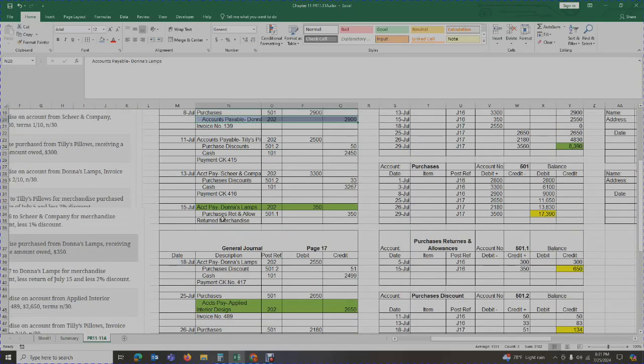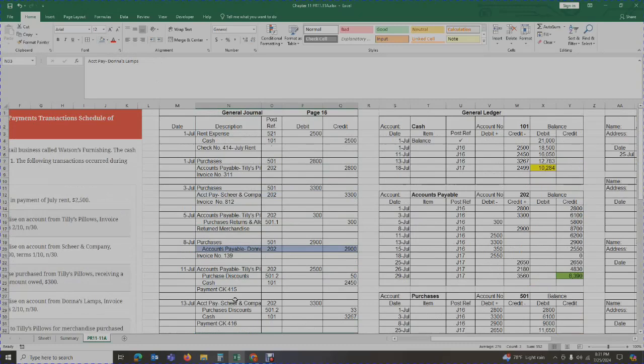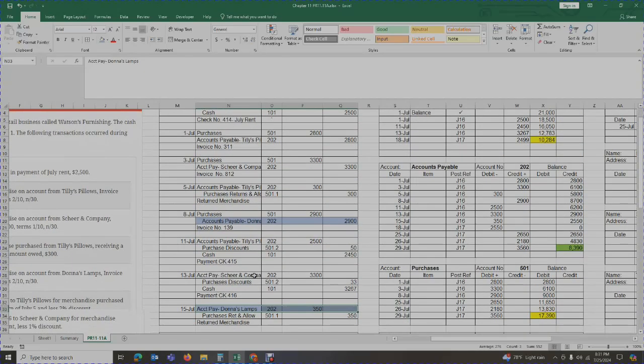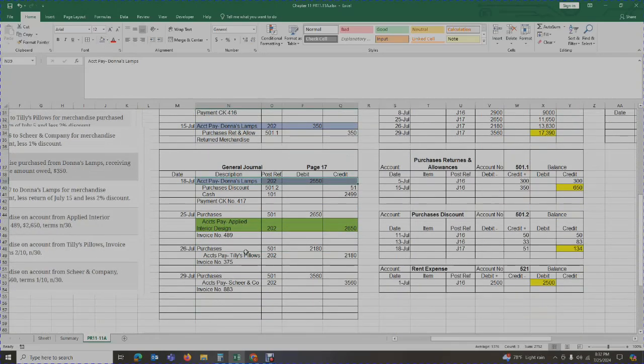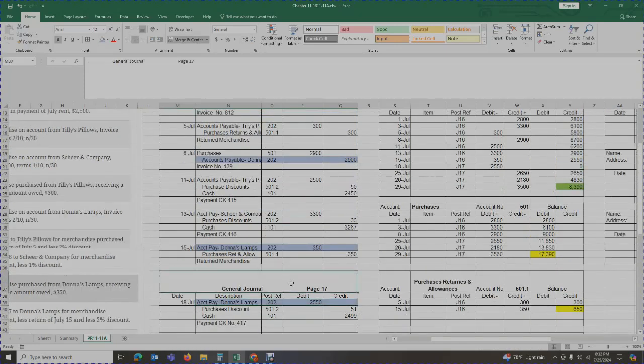Do we have any more? Here we have another Donna's Lamps right there. So we have 3 transactions affecting Donna's Lamps: one on July the 8th, one on July the 15th, and one on July the 18th. We've got a credit, a debit, and a debit.